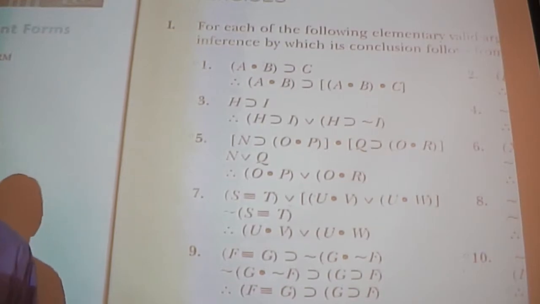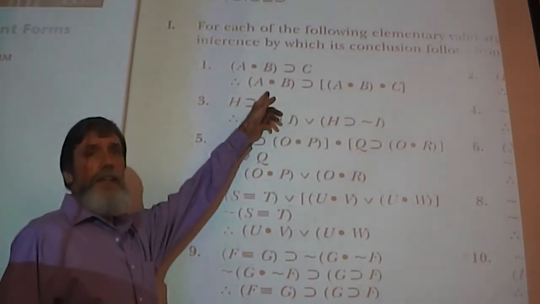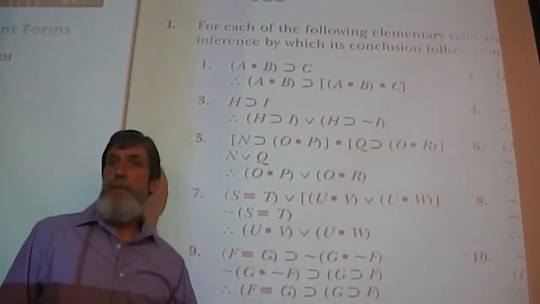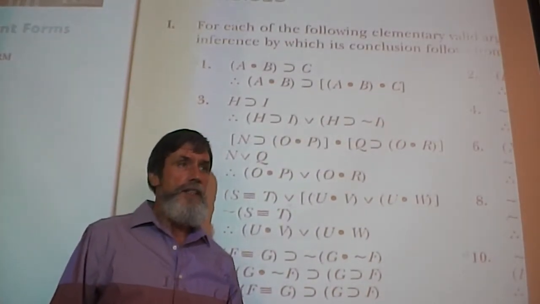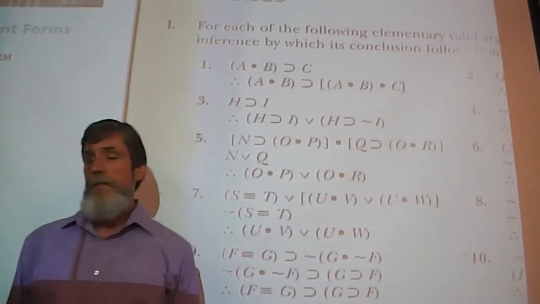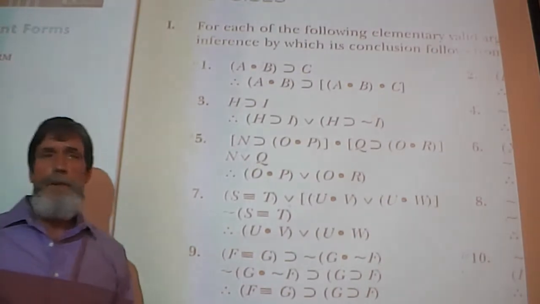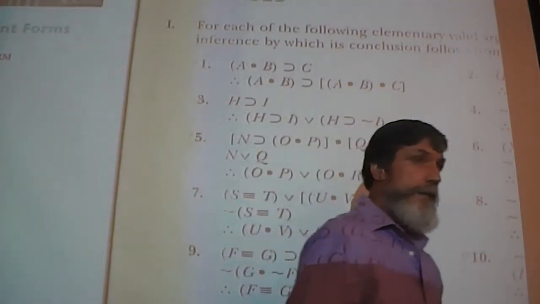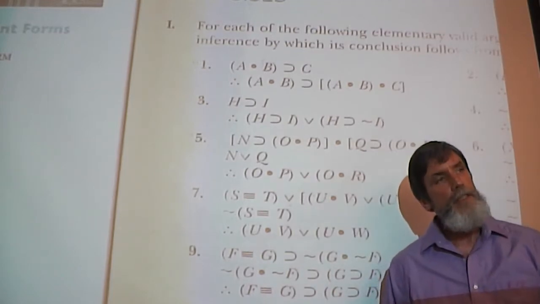Well, that premise is a conditional statement, and the conclusion is also a conditional statement. The antecedent of the conclusion is the same as the antecedent of the premise, and the consequent of the conclusion is a conjunction of the antecedent and the consequent of that premise. So what are we describing there? Absorption. Do you need to be able to describe them? No. Sight recognition is what we're after.